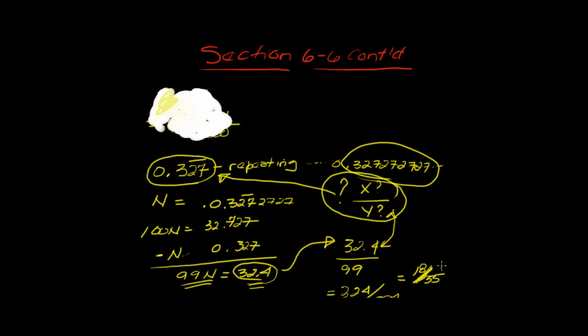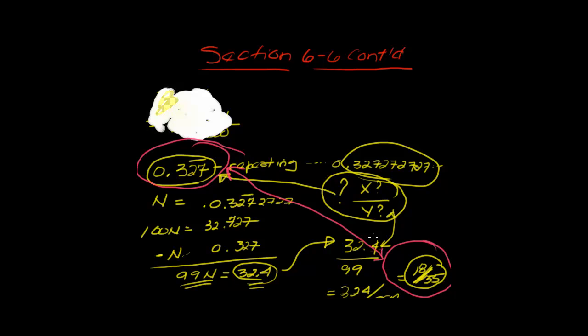So here's where we went. We went from an expression over here and wanting to know what fraction leads to that decimal. And that is it right there. If you divide 18 by 55, you get 0.327.